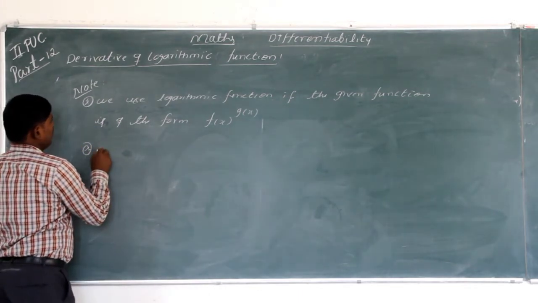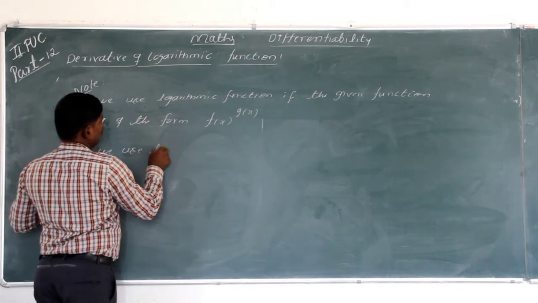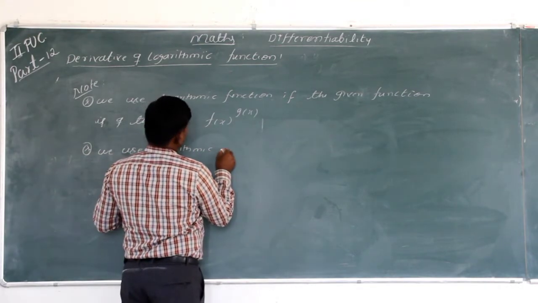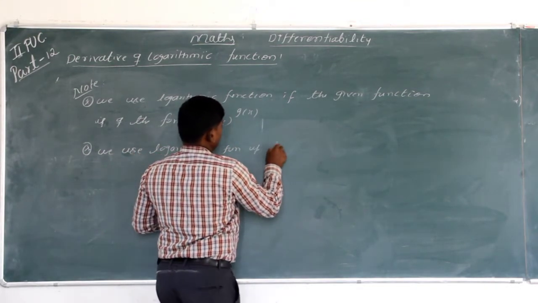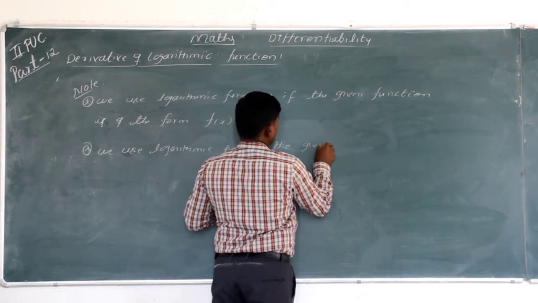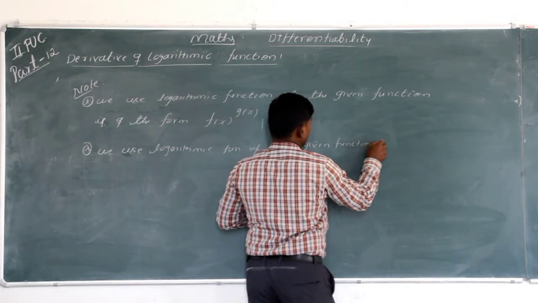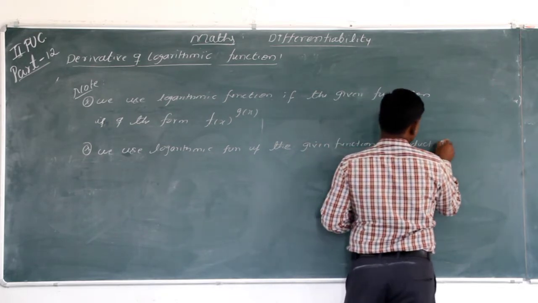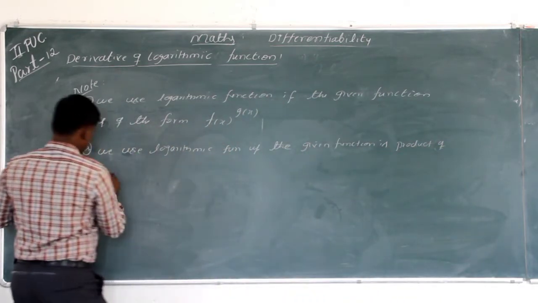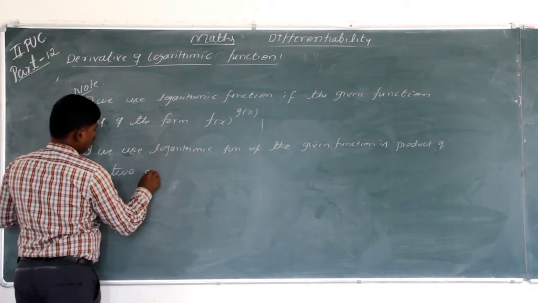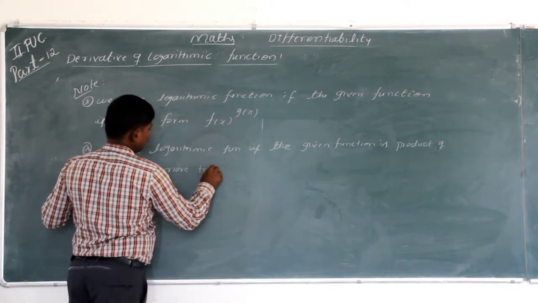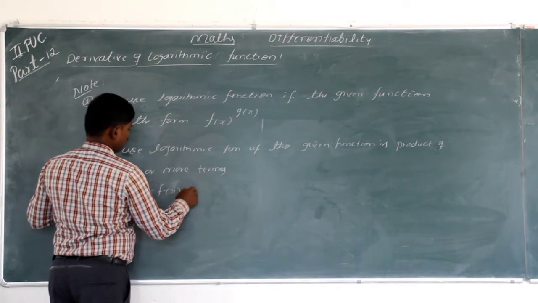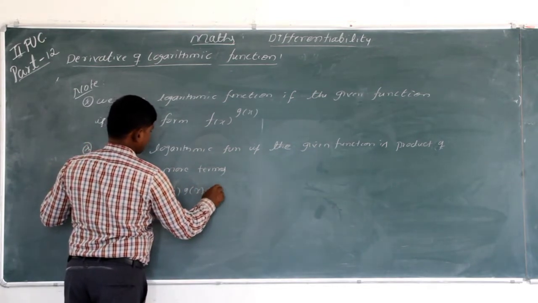Similarly, we use logarithmic differentiation if the given function is a product of two or more terms, that is, y is equal to f of x into g of x into h of x, like this.